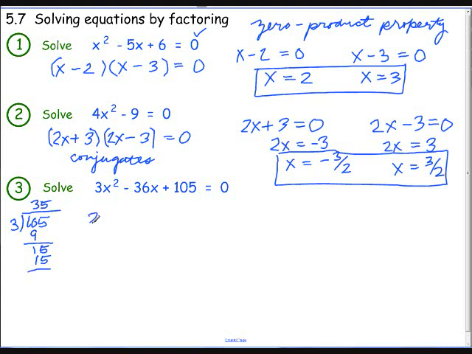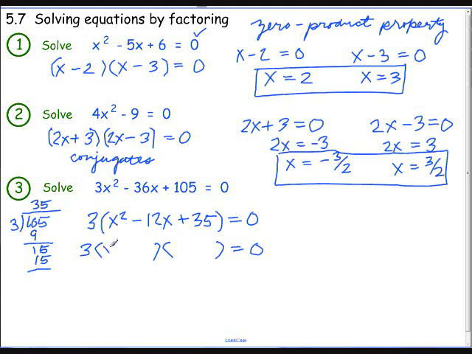So we can say, we're going to factor out a monomial, x squared minus 12x plus 35 equals 0. Now my challenge is to find two binomials that when I would multiply them together would give me this trinomial.